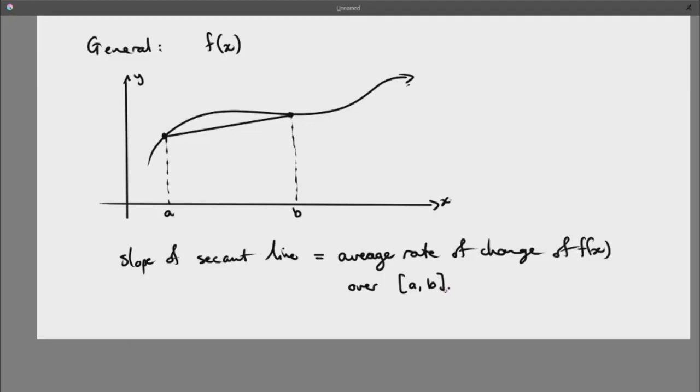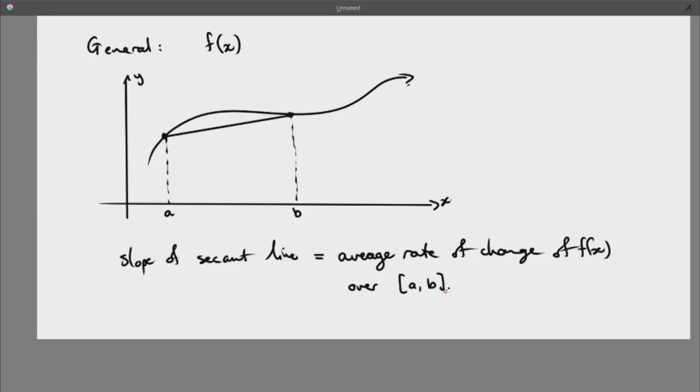So it depends on where I'm working. If I'm just working with the function, I don't see the function's graph or anything, then we call it the average rate of change of the function, and I need to know the window, of course. If I look at it graphically, then that same concept is the slope of the straight line connecting the 2 points that we call the secant line.